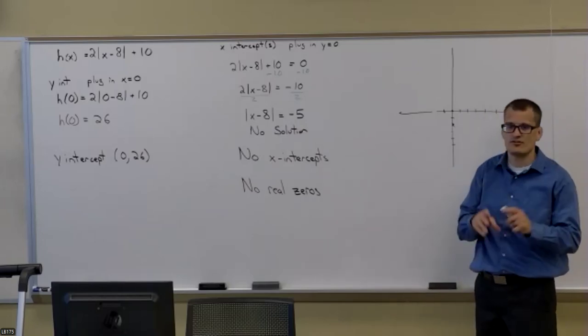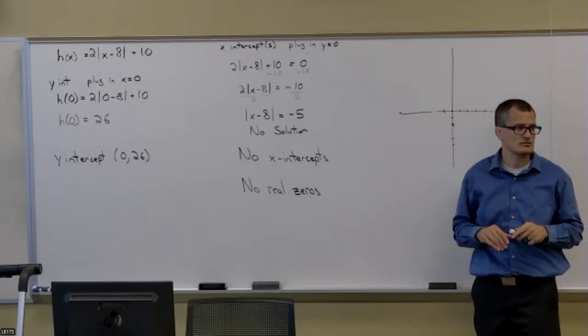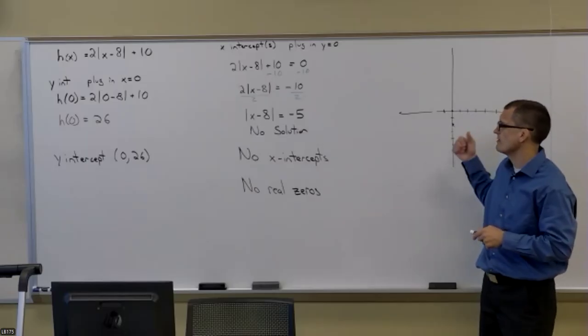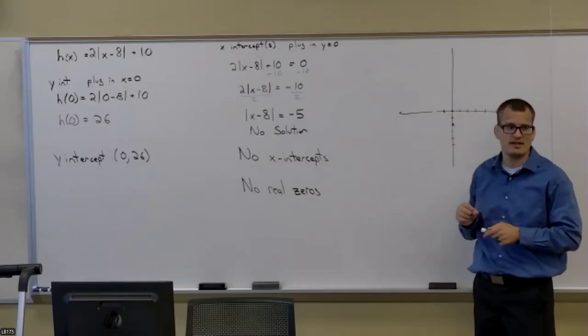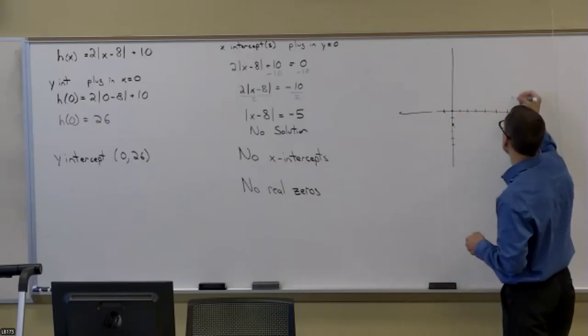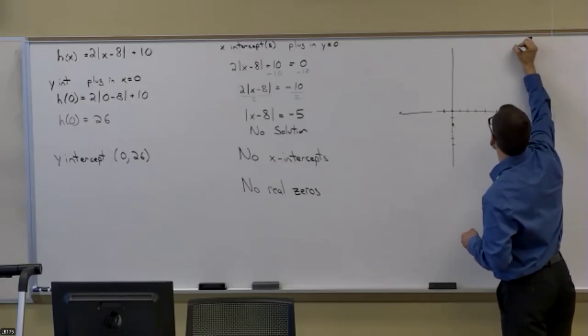And then there's a 2, which is a vertical stretch. So I should have said right 8, vertical stretch, up 10. And I know I don't have my tick marks right, but it'd be doing something like this.